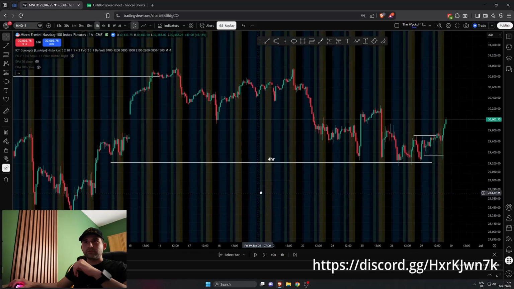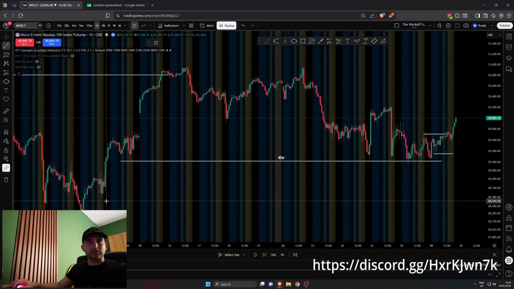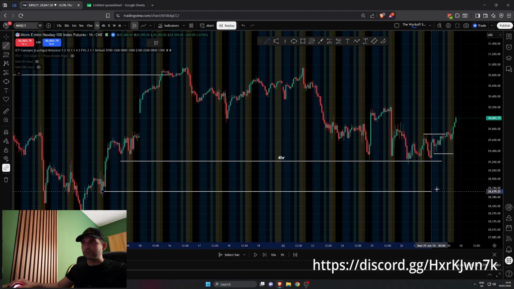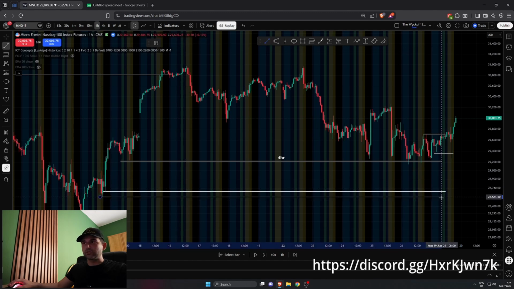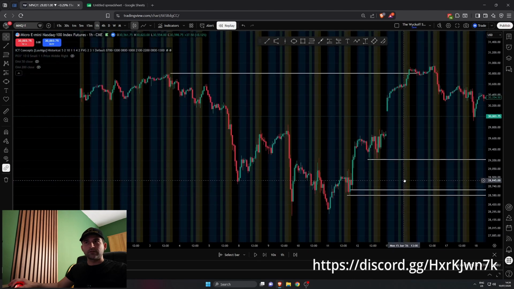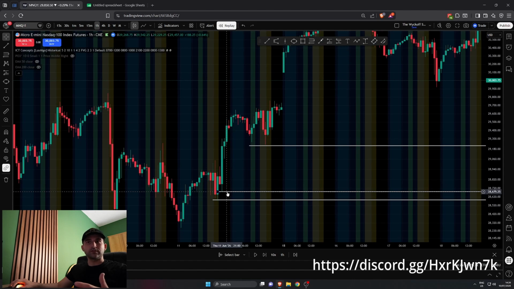So here we are on the 1-hour time frame. At that time I have marked these two liquidity points, in which this one here is not that powerful a liquidity point. I prefer this one, which is below it.